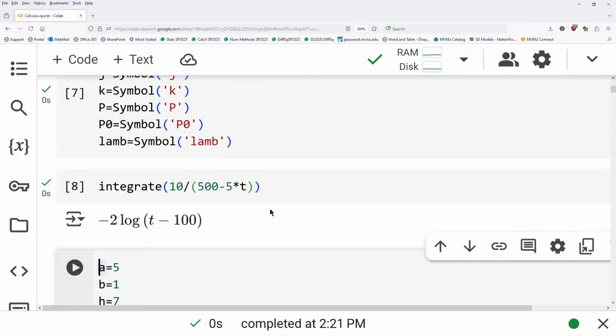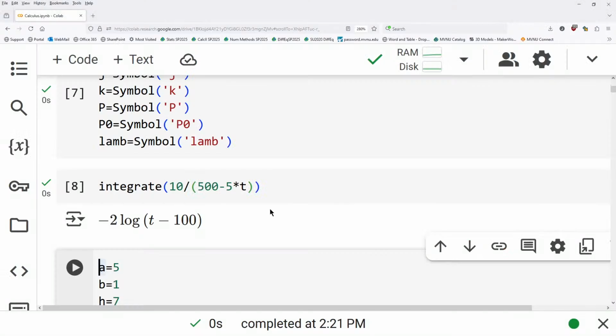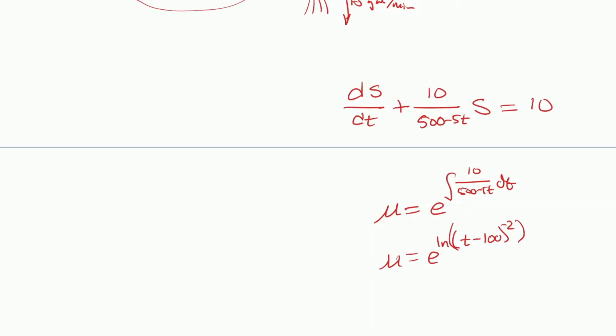Okay, log t minus 100 to the -2 power. So this is going to be e to the ln of t minus 100 to the -2. Did I get that right? T minus 100? Okay, I'm going to just trust that Python did it right.